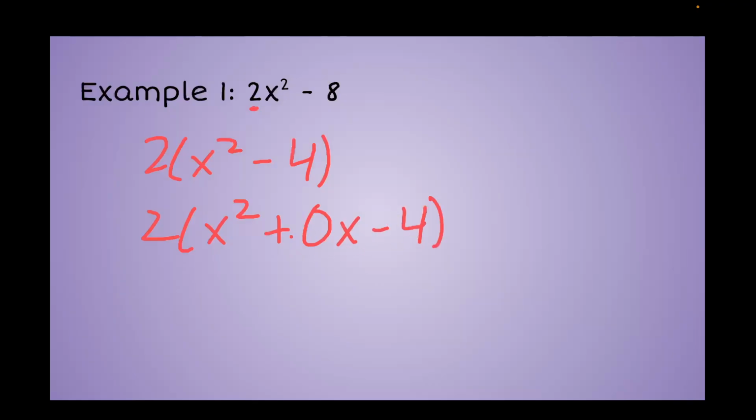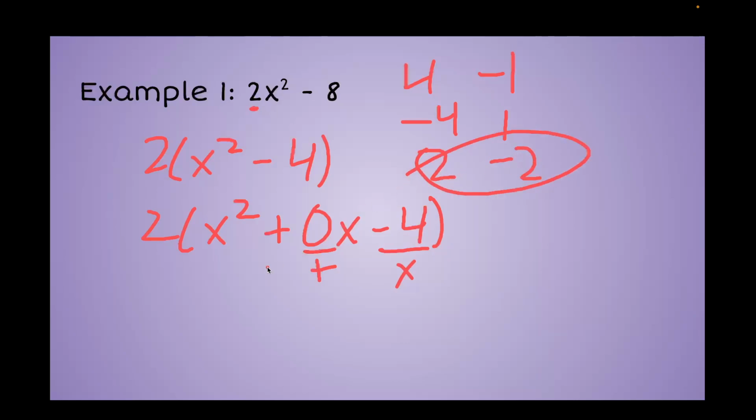Because this is really just nothing. What adds up to this, multiplies to this? What multiplies to negative 4? It's 4, negative 1. Those don't add up to 0. Negative 4, 1. Those don't add up to 0. 2, negative 2. Those do add up to 0. So we like this one. Lovely. That's our answer.